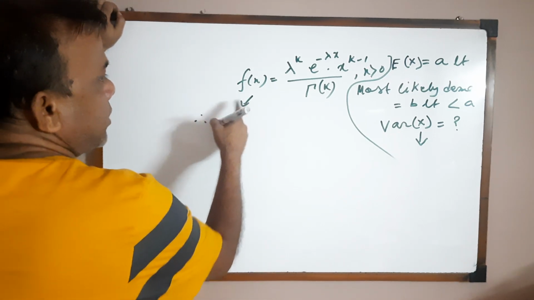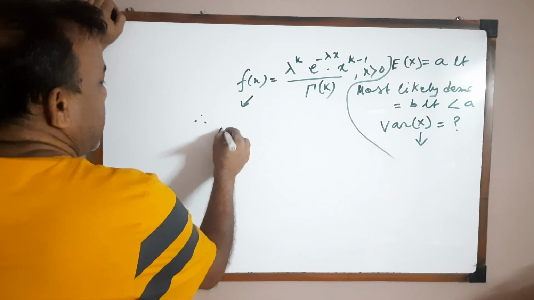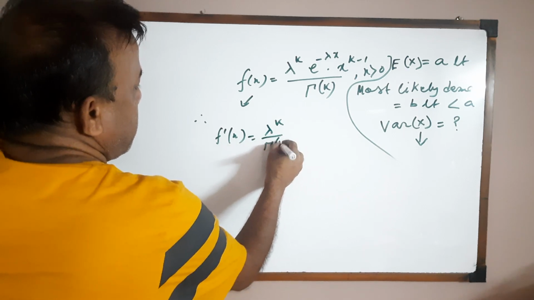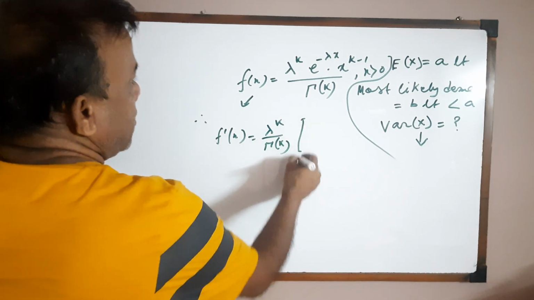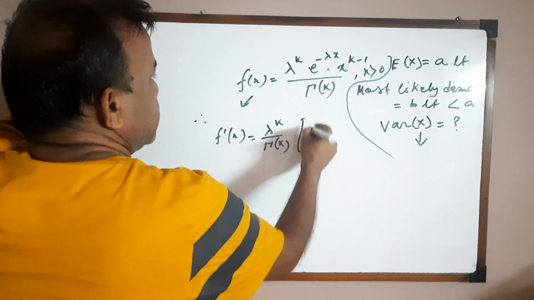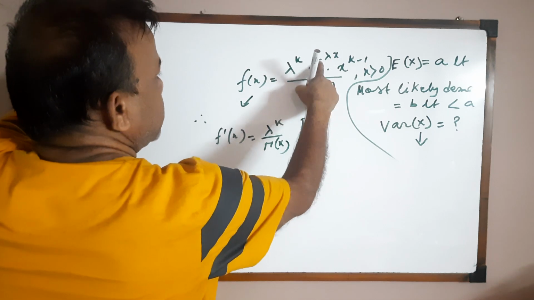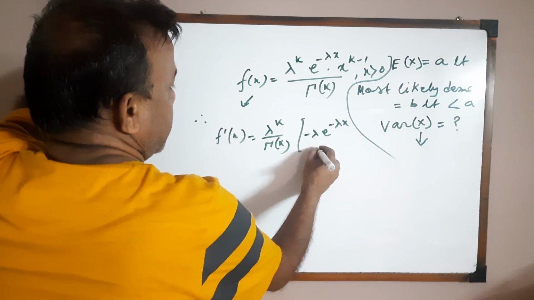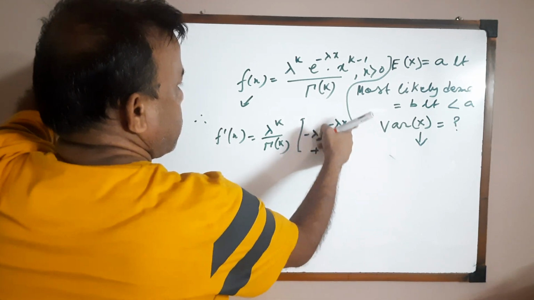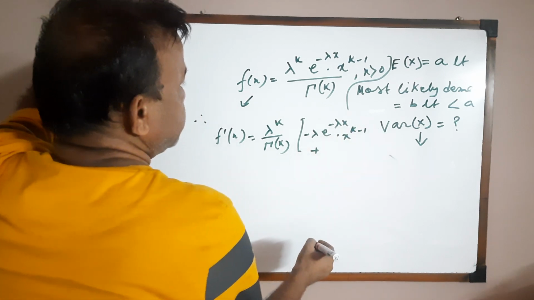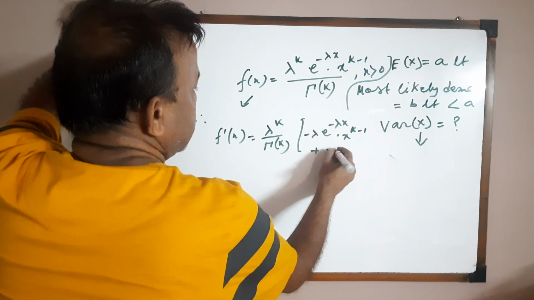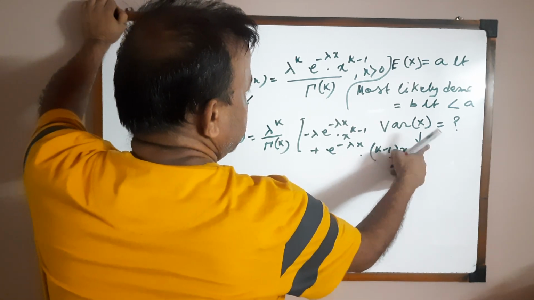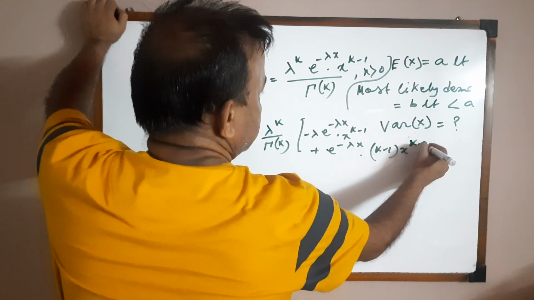Differentiating f(x) with respect to x, f dash x equals lambda to the power k by gamma k, e to the power minus lambda x, where the differentiation of e to the power minus lambda x is minus lambda e to the power minus lambda x, times x to the power k minus 1, plus e to the power minus lambda x into k minus 1 x to the power k minus 2.